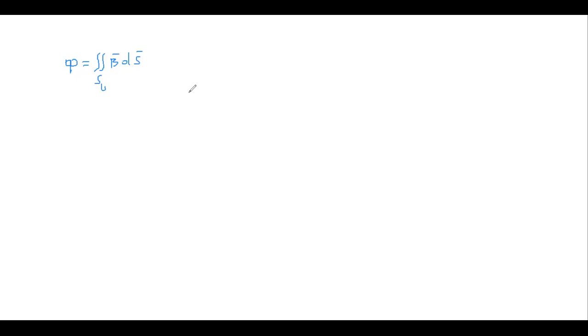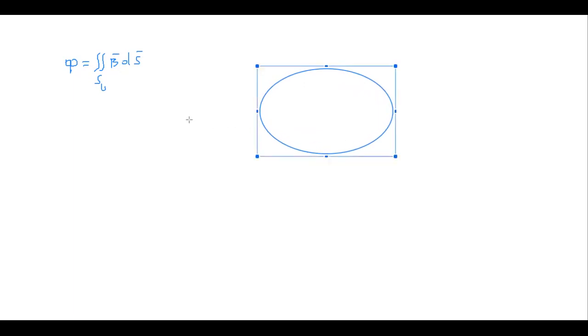So, for example, if we have an electric circuit like this, and we have some internal magnetic field.